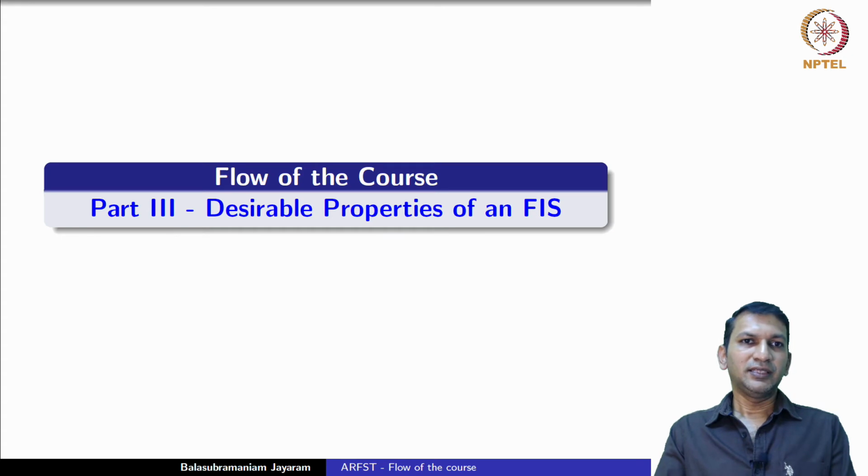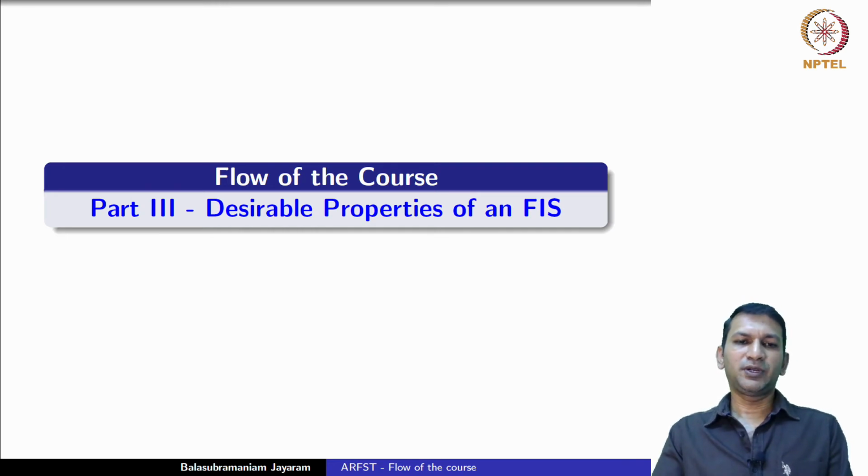Not only that, this also nicely ties up the previous 2 parts, the theoretical underpinnings of fuzzy set theory that we have probably covered by then in part 1 of the course, to the fuzzy inference schemes that we would be discussing in part 2 of the course, how the theoretical constructs play a role in guaranteeing these desirable properties are possessed by the corresponding fuzzy inference schemes.